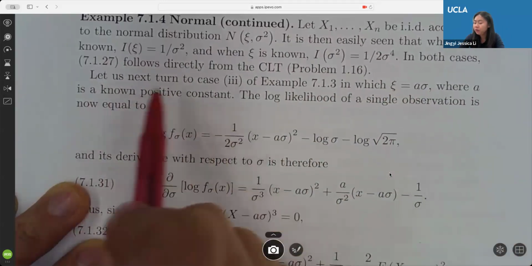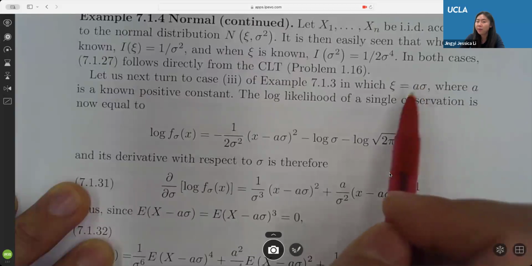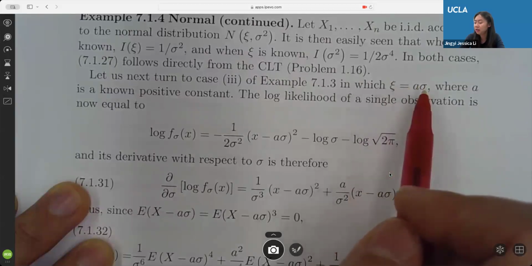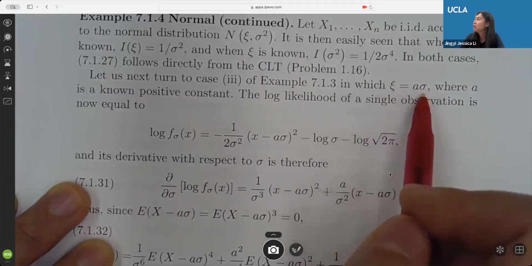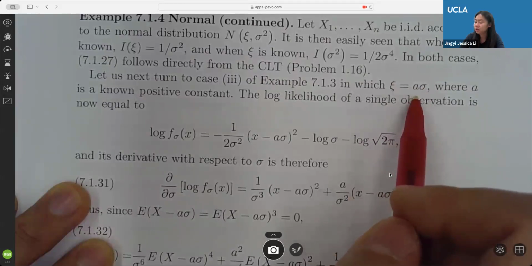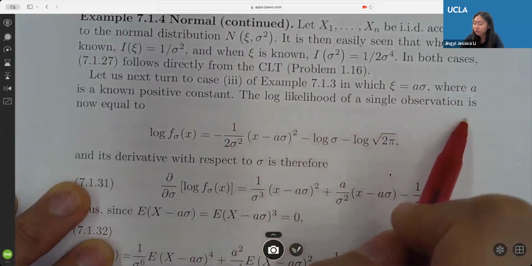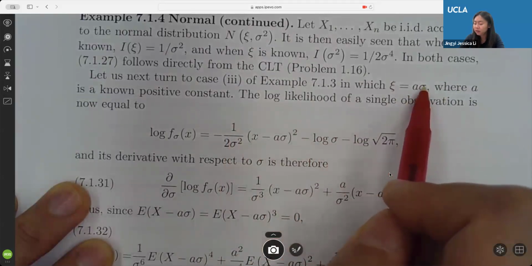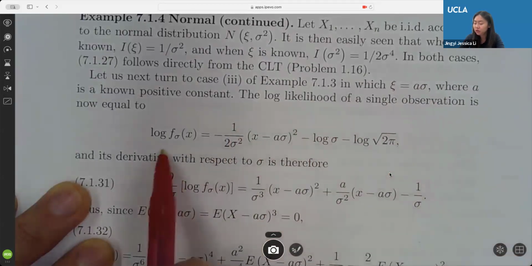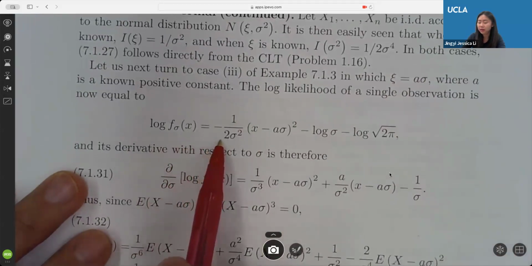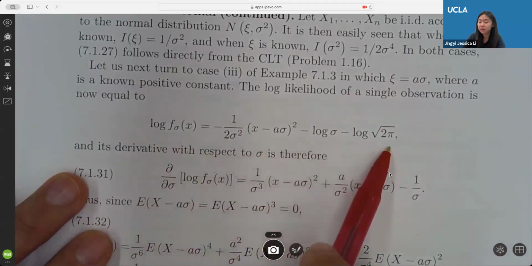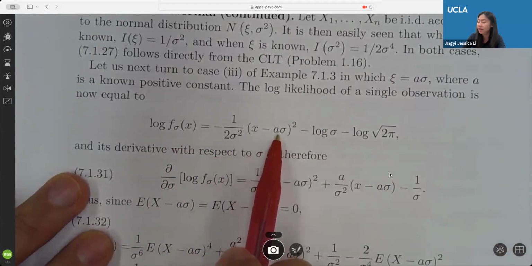In this case, we reduce the two parameters to one parameter, because the mean is just a fixed multiplier times the standard deviation. Then, if we still want to estimate sigma using a single observation, we write down the log likelihood in terms of sigma, because now the mean is expressed as A times sigma.